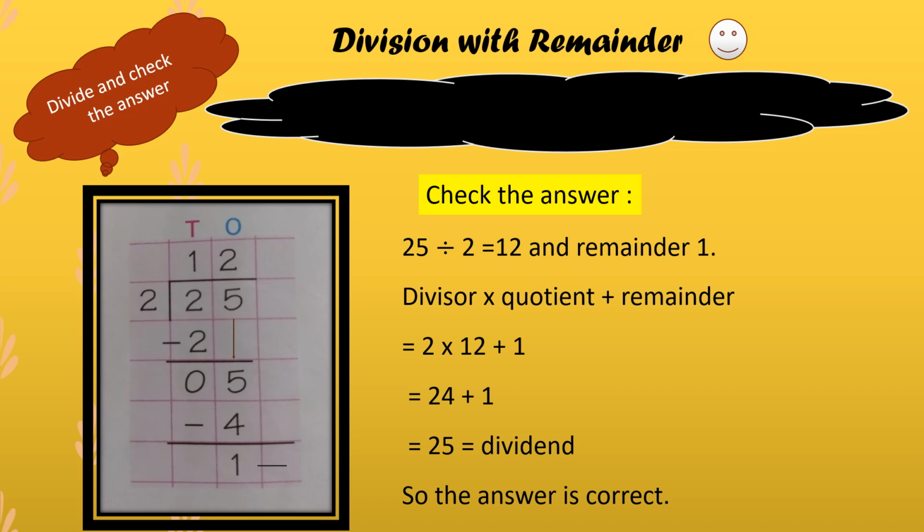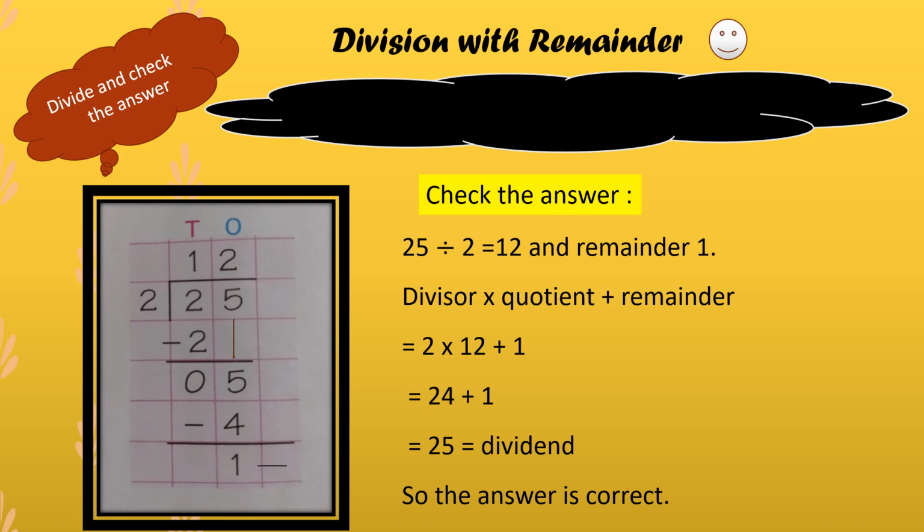Here we have taken one example of 25 divided by 2. See, it is a 2-digit number divided by a 1-digit number. 25 is our dividend, 2 is our divisor. So what we will do here, you have already learned how to divide these sums in the long method, right?